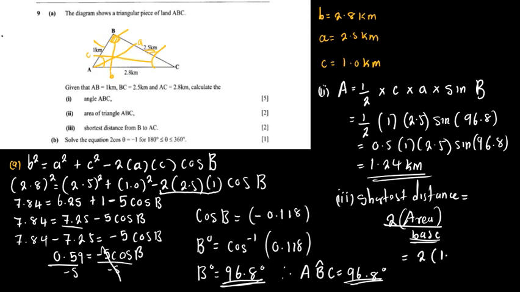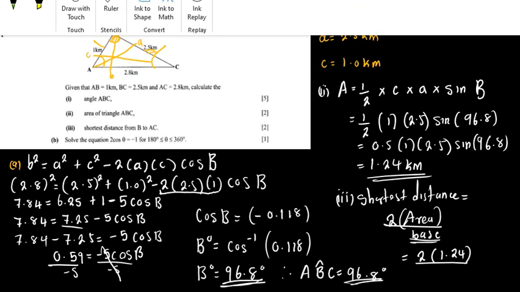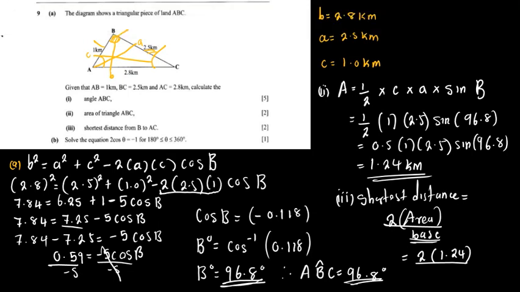The area has been given, which is 1.24. Look at this, guys. I mentioned in my second tutorial that the base is very easy to know. It is just these 2 letters. So AC is the base, which is 2.8. So let's do our calculations. 2 times 1.24, then divide by 2.8, and we're getting 0.89. 0.89 kilometers is our shortest distance.